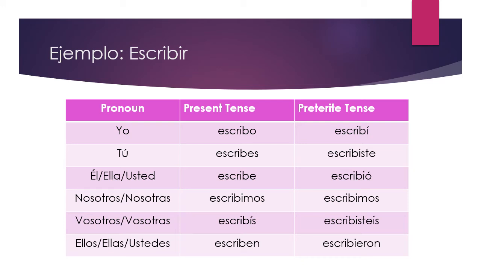If I want to talk about I wrote or you wrote, okay, this verb in the past tense, I say yo escribí, tú escribiste, él, ella o usted escribió, nosotros o nosotras escribimos, vosotros o vosotras escribisteis, y ellos, ellas y ustedes escribieron. So I hope you can see now how the verbs fit together when you apply the new endings for the preterite tense.